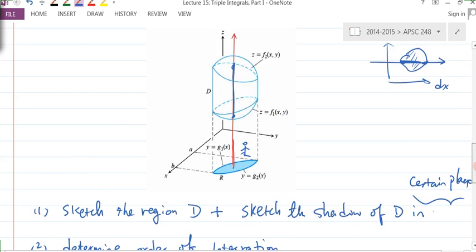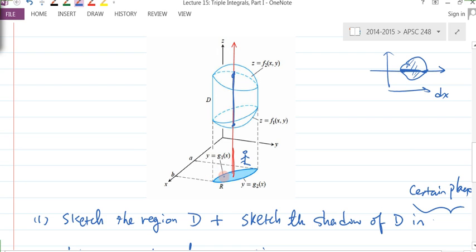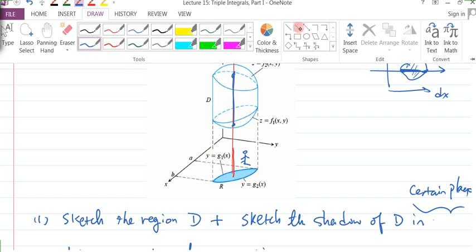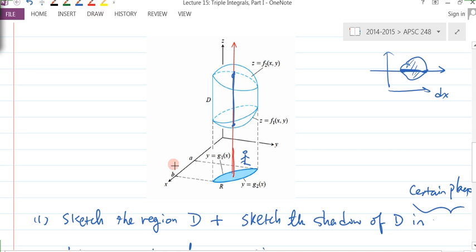Then the next step is, because we decided to integrate with respect to y next, the next step is actually the same thing as a double integral. So you draw a line in the positive y-axis through this region R in the xy plane.